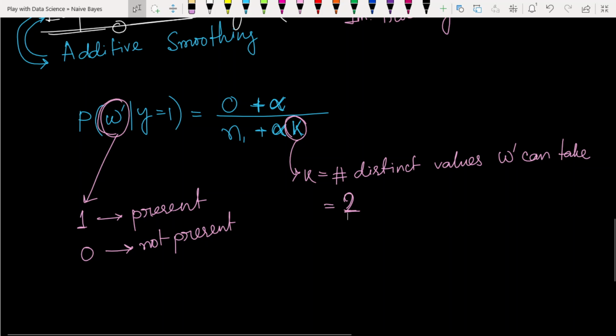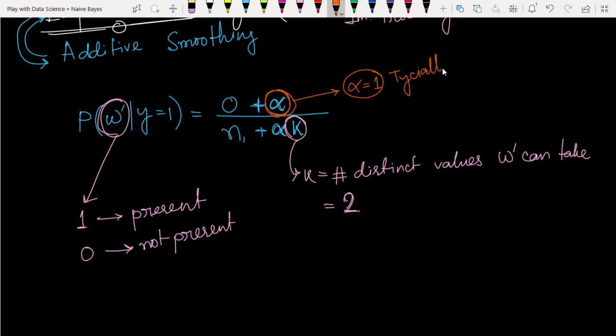Before going to the interpretation, just remember that typically alpha is taken as 1. We typically take the alpha value equal to 1, and when alpha is equal to 1, some authors call it add-one smoothing.